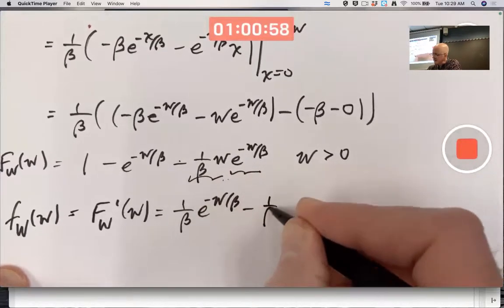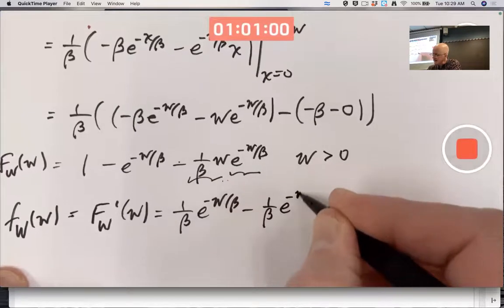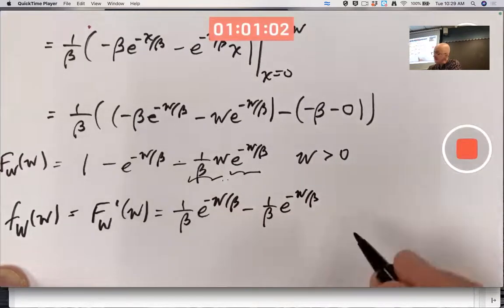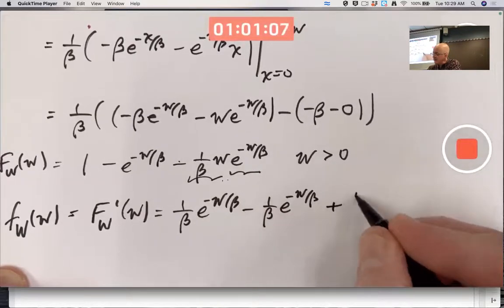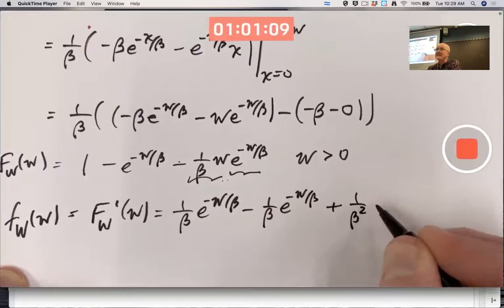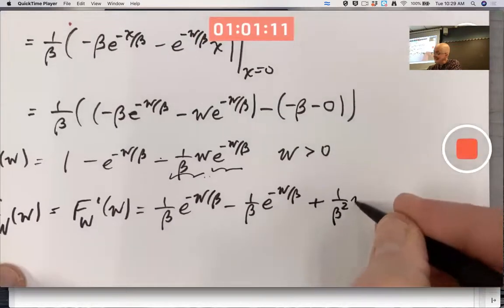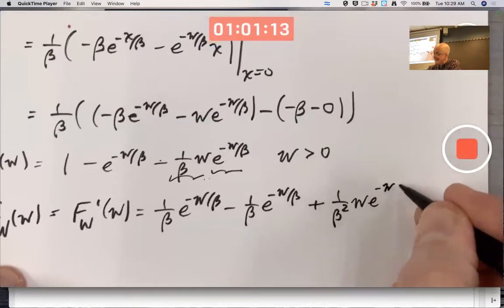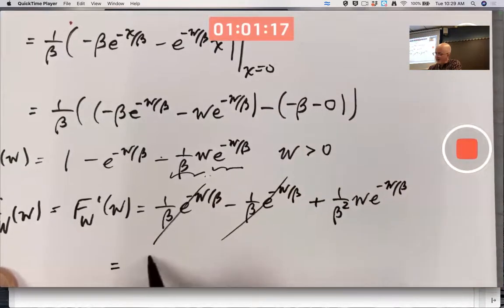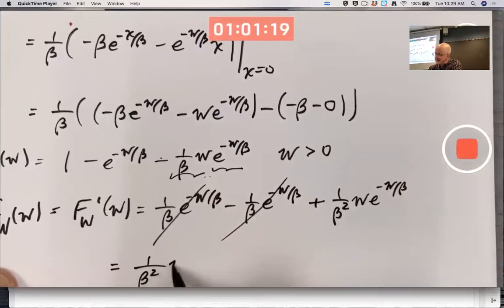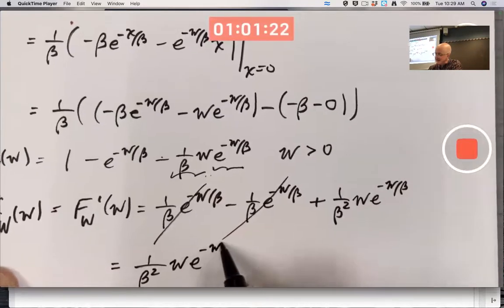Derivative of the first is 1 over beta times the second, and those are going to cancel. And then I get ultimately plus 1 over beta squared. This is looking good. Those cancel. 1 over beta squared w e to the negative w over beta.